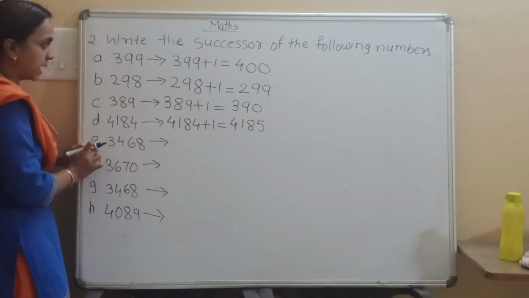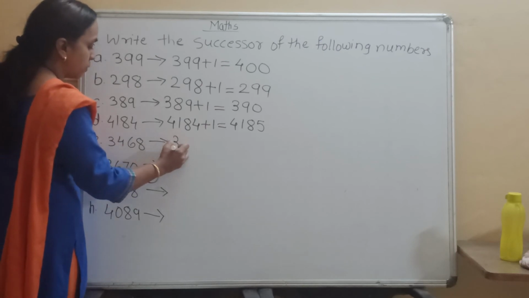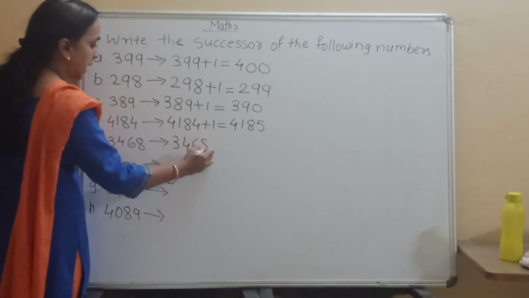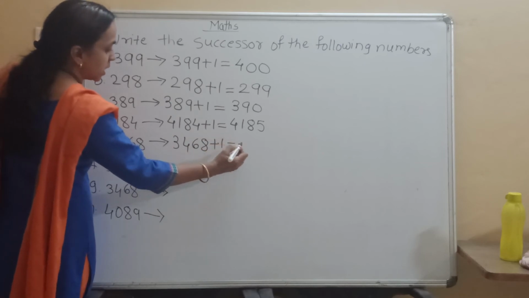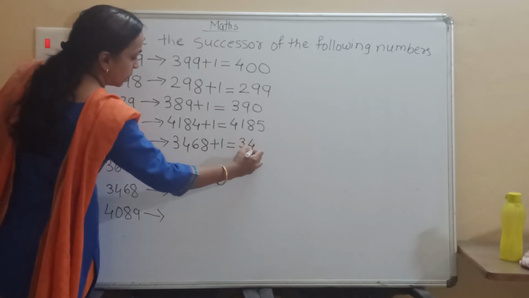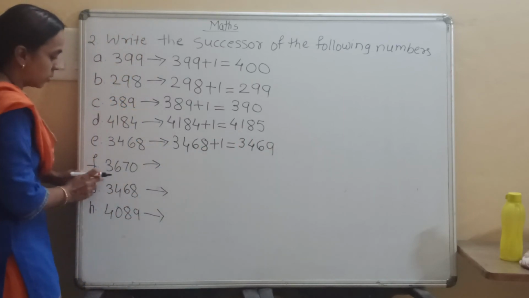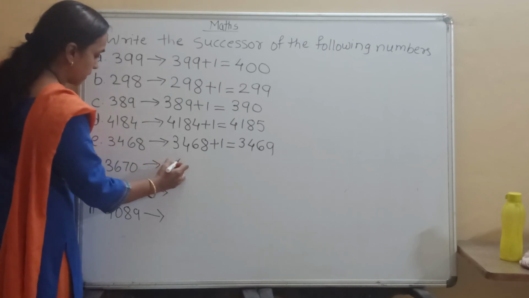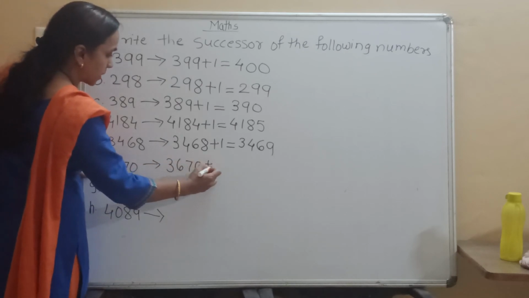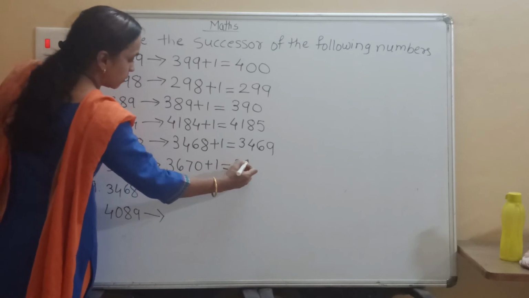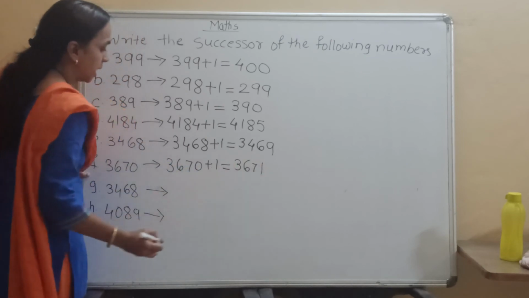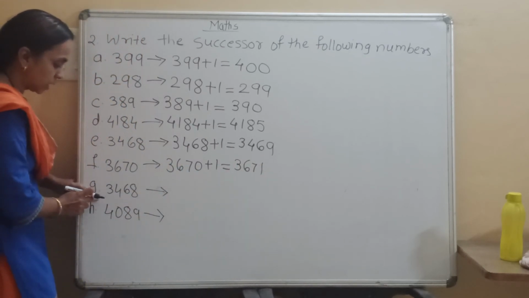Now see the next example, 3468 plus 1 equal to 3469. So the F example is what? 3670 plus 1, 3671. Okay.